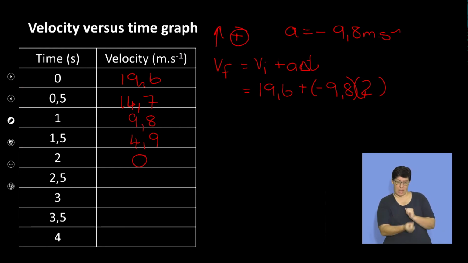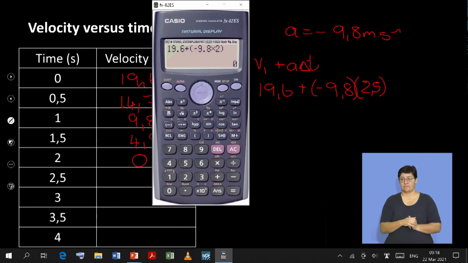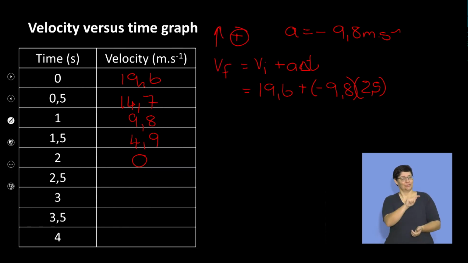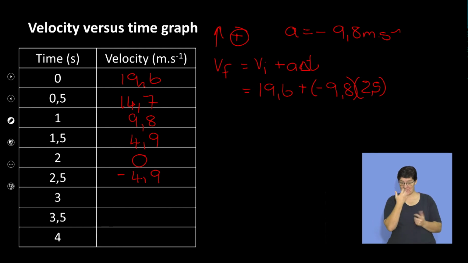So again, we're going to go here. We're going to change that to 2.5. Let's go to our calculator. Oh, look, minus 4,9. I'm hoping some of you can see what the trend here is going to be.